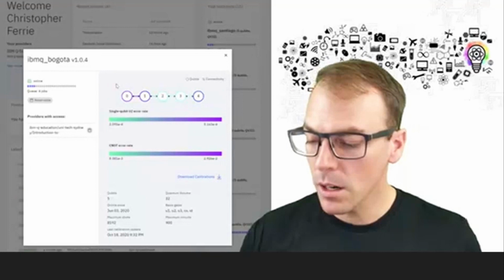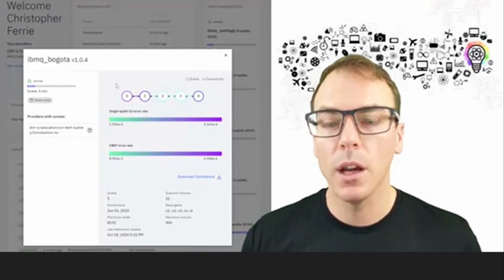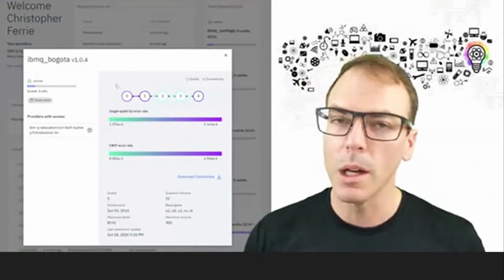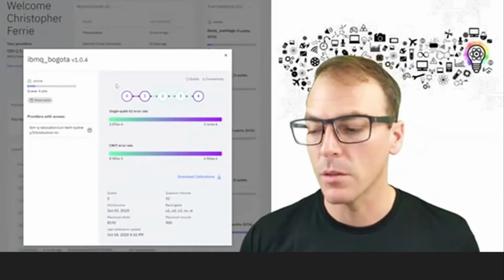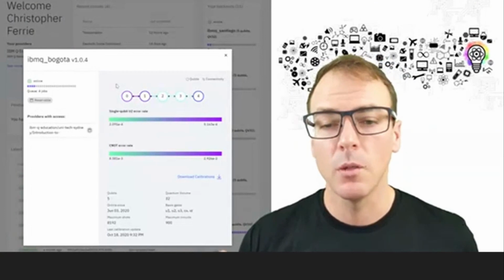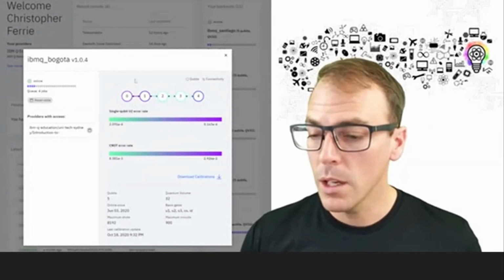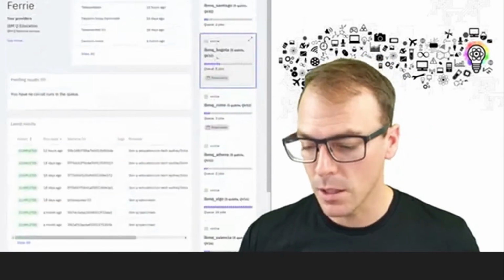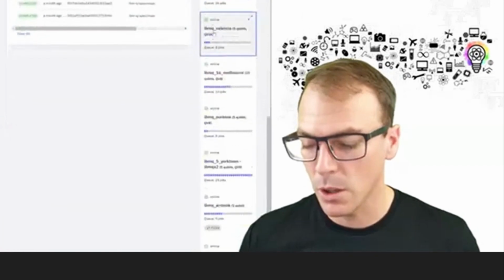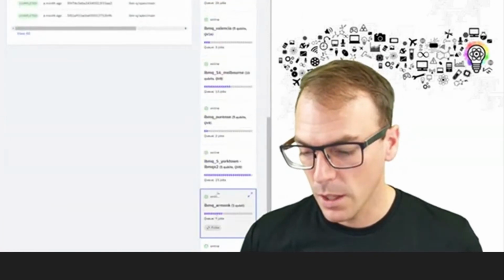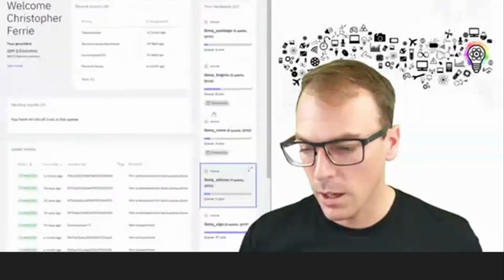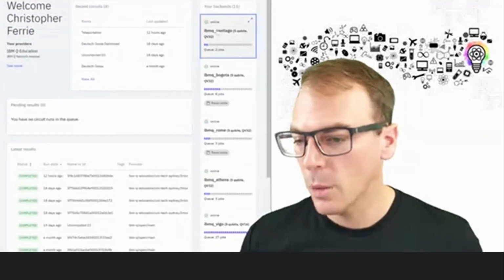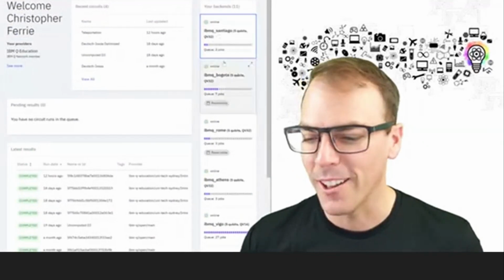And here is the result of, well, not the full result, but their summary of the result of their characterization routine. So when you look at the quantum devices that you're allowed to run on, you see them all here on the right-hand side. They're all in fact online. I was hoping that one of them wouldn't be online.